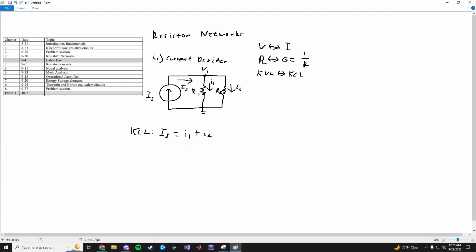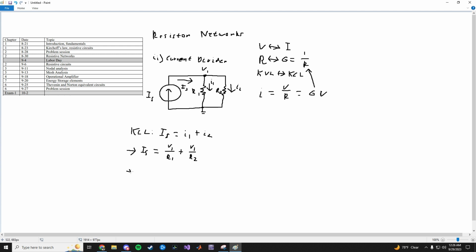And so just like the voltage divider, you have to write this I1 and I2 in terms of the unknown voltage V1. So IS equals, well, I from Ohm's law is V divided by R, or G times V, where G is 1 over R, remember. So IS is equal to V1 divided by R1 plus V1 divided by R2.